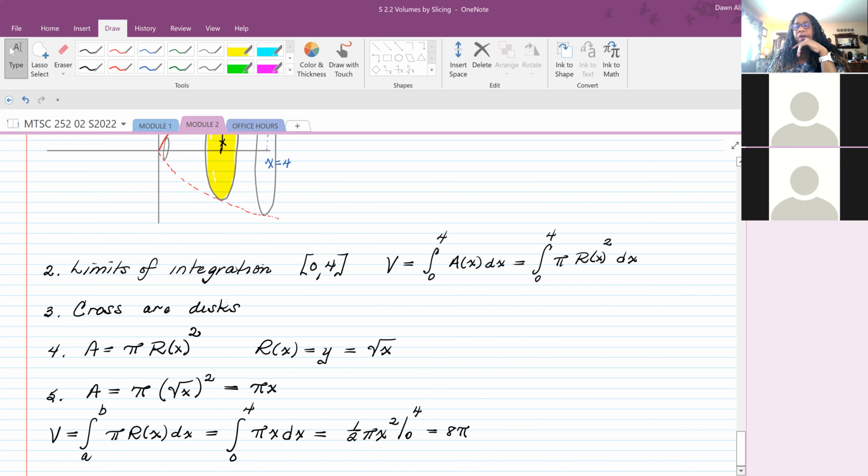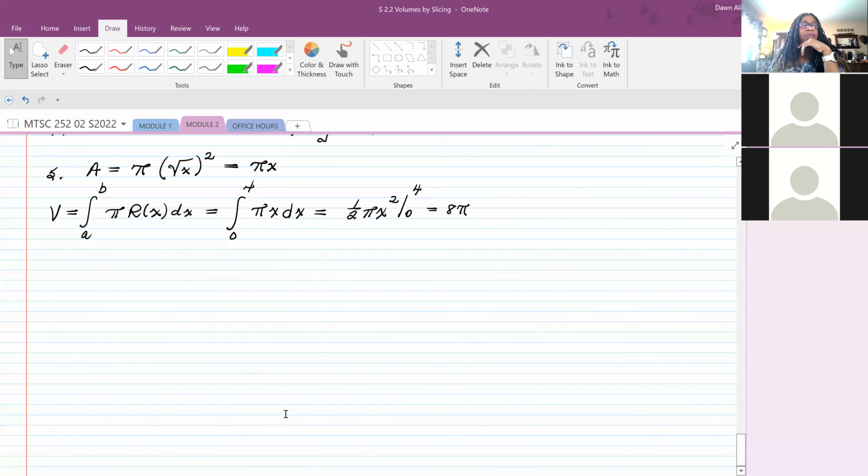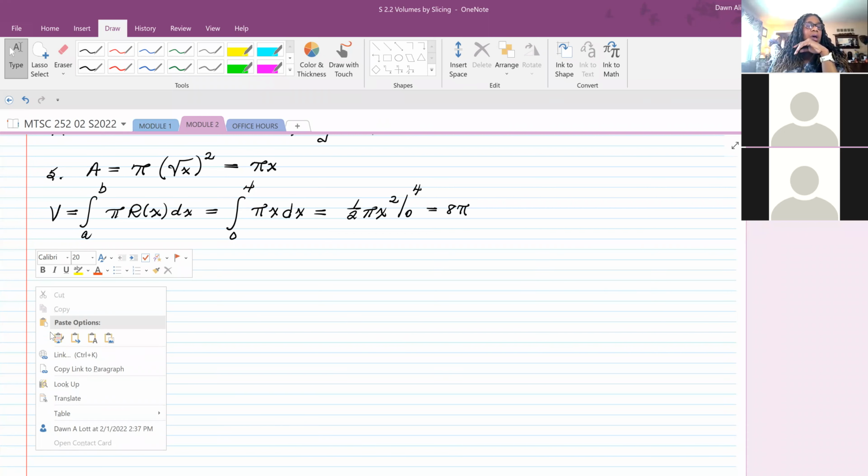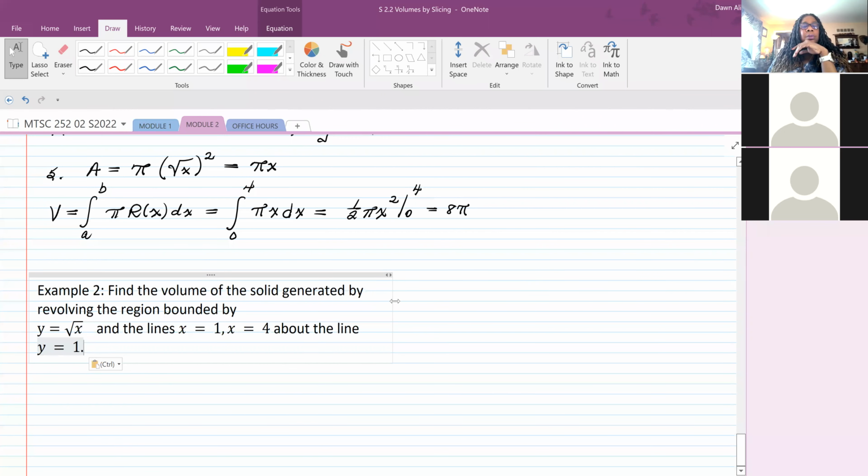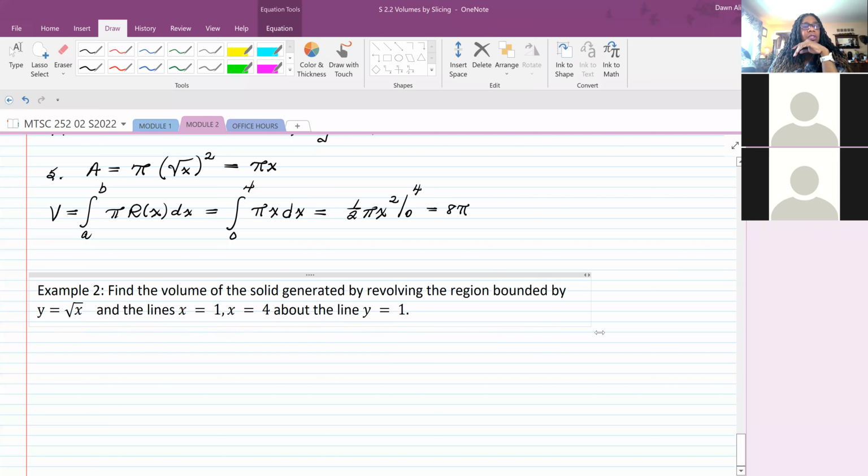Okay, so that by far is the easiest problem that you can solve. All right, so this one gets a little bit more involved because I'm going about a different line. So this one's going to require me to find the radius.